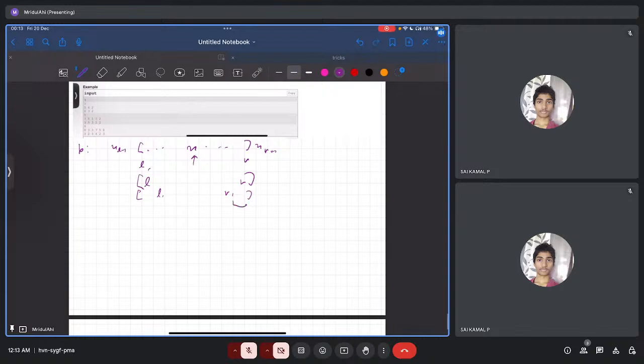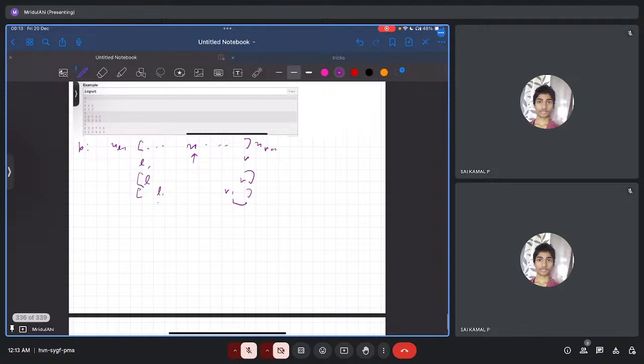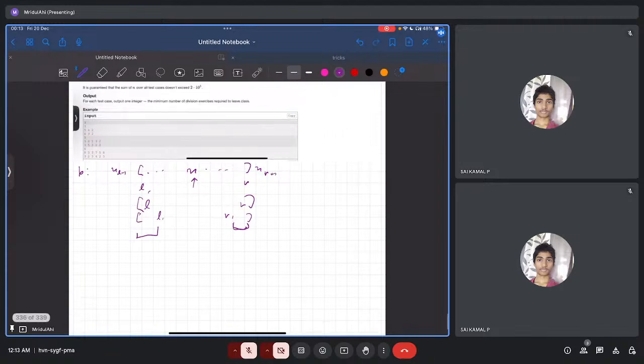Like this region will also get divided by x if we extend L1 comma R1 to L comma R, because the minimum remains the same as x. It does not decrease, and we have some more elements which are being divided by x. So we are closer to turning everything to 1.